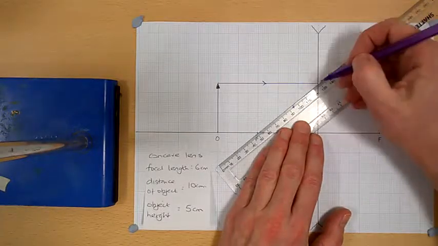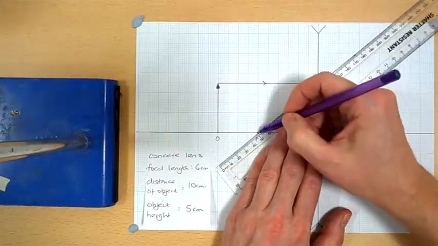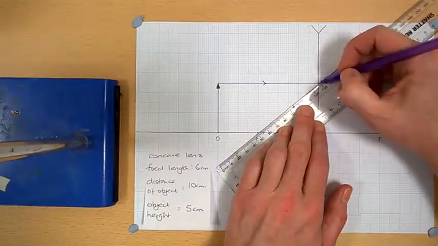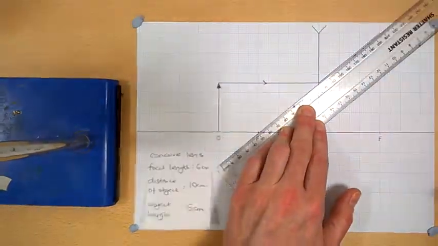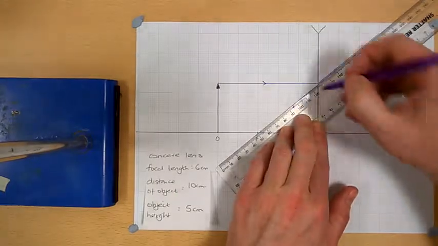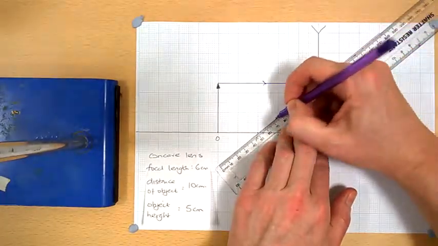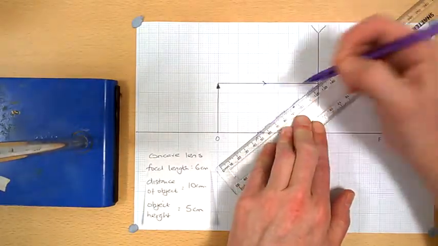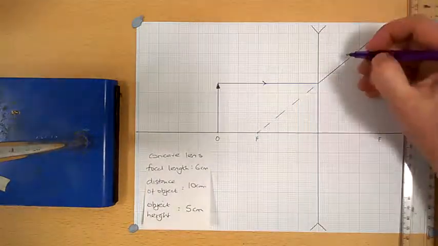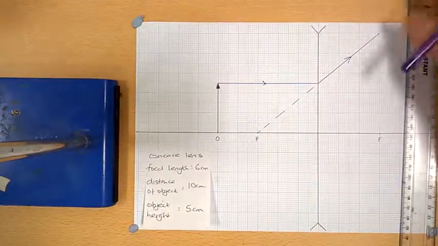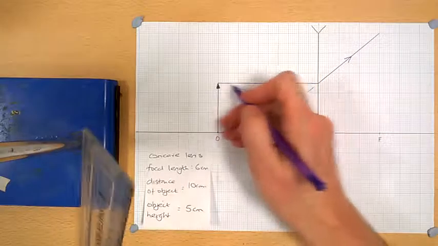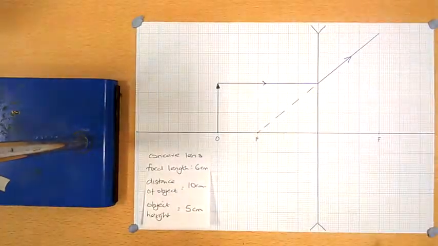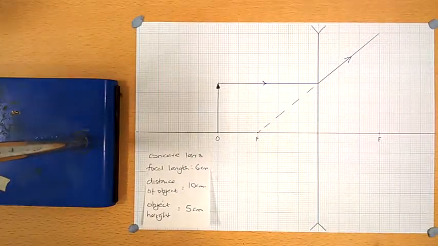So what I need to do is join up where it's met the lens with the focus on that side, and then that shows me where that ray of light is going to go, so that if I trace that back, it looks as if it has come from the focus on this side. Okay, so that is the path taken by my first ray of light.